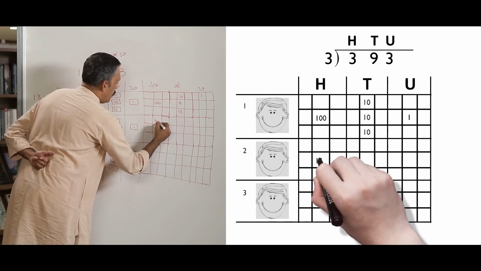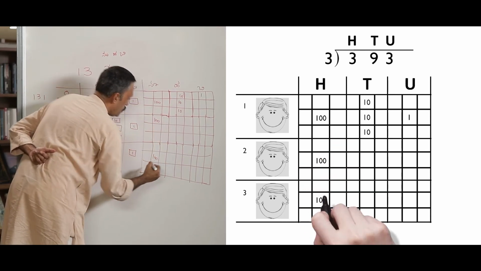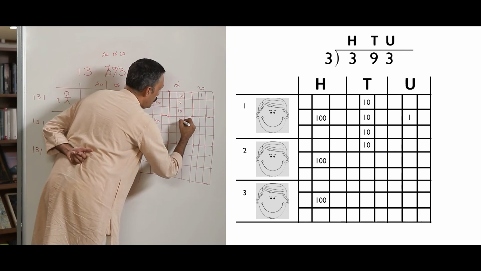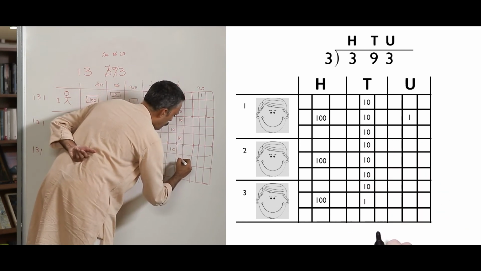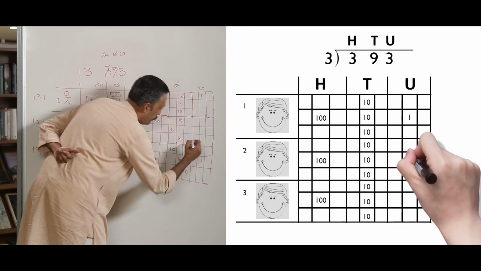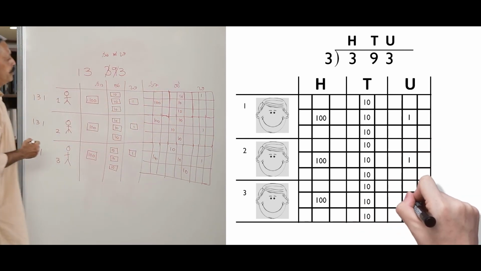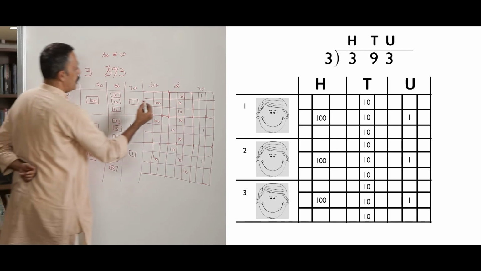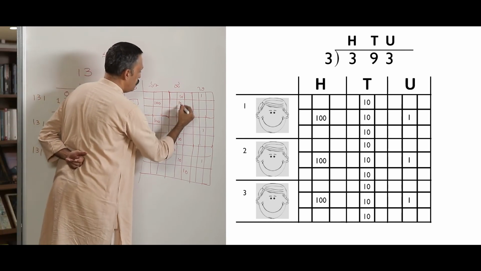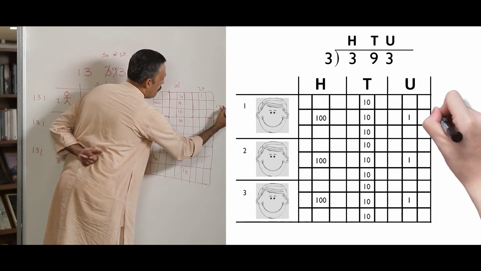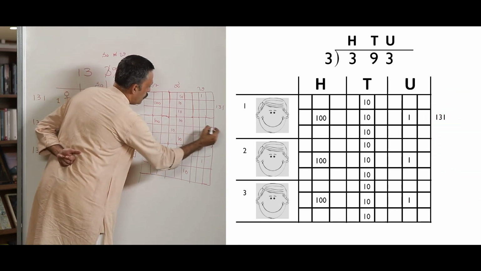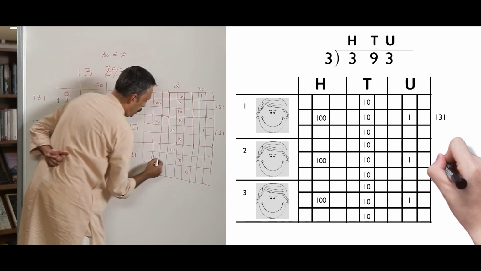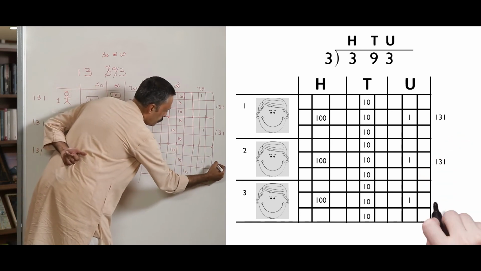Similarly, 100 here and here, 3 tens and 1 unit each here. Even here, I got 131, 131 even here, and 131.